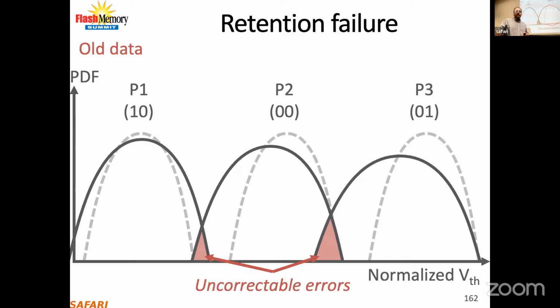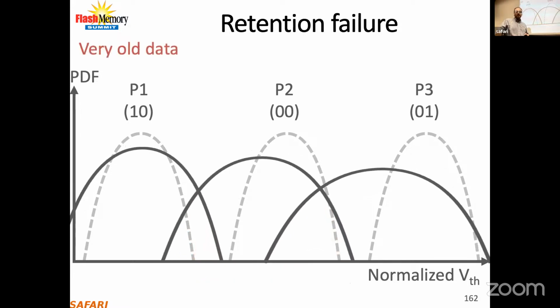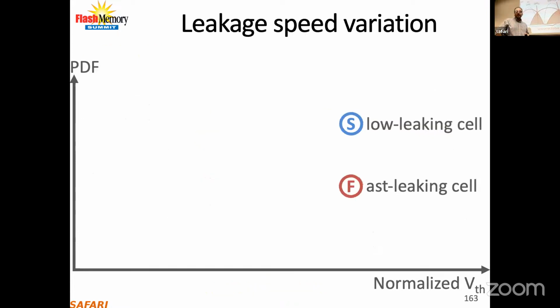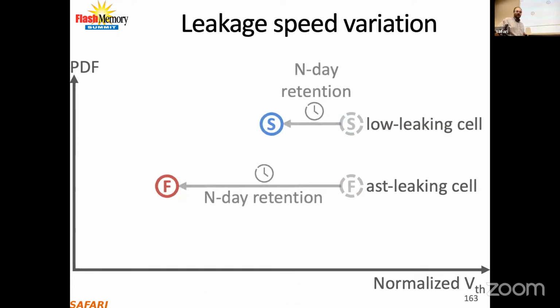We're going to use a very similar idea to the one we had in the technique we talked about, read disturb. There are some cells that are slow leaking cells, which leak less.